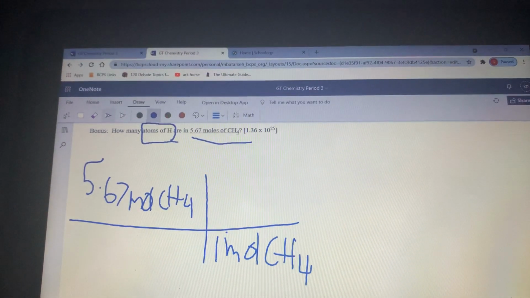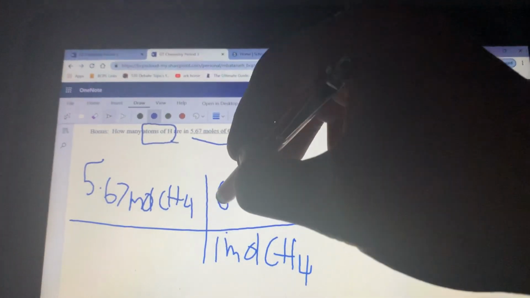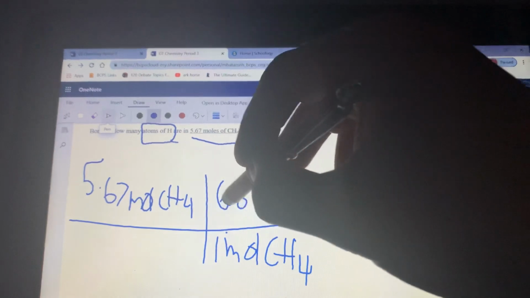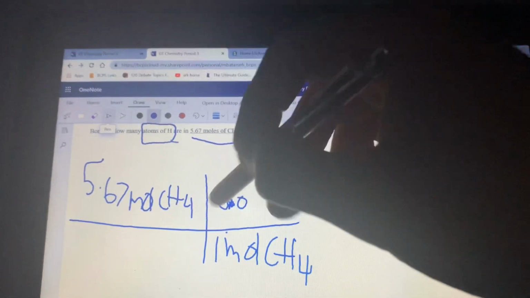Once you start doing dimensional analysis for a while, you start to kind of know what has to go on the bottom, because the top and the bottom have to cancel out except for what is wanted. So you always have to map out: what are we converting? What are our steps? What has to cancel out? What are these numbers? It's a bad decimal.